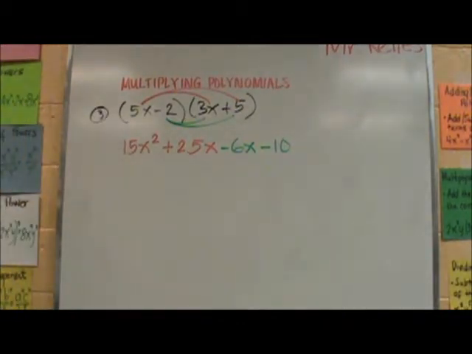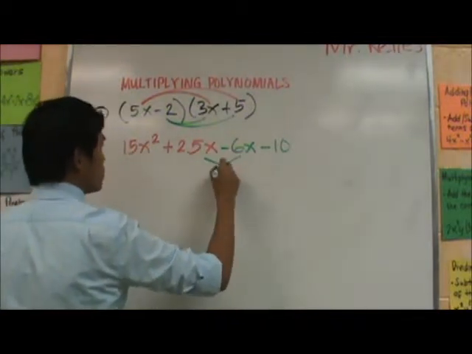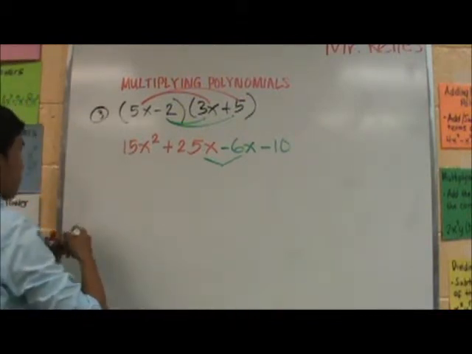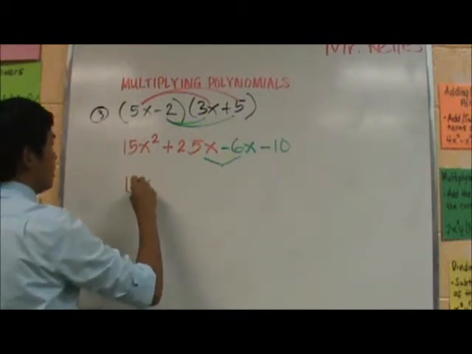Now again, in adding and subtracting monomials, first we have to identify if we have terms that are like terms. So it looks like these two are like terms, and the final answer would be 15x squared.